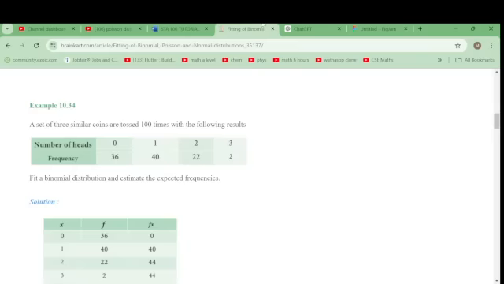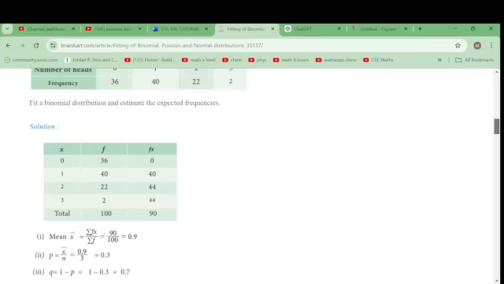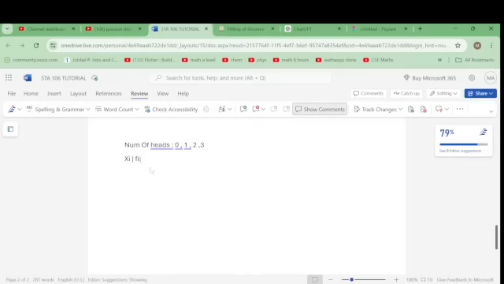Then you do fx also, that's f times x. For this number of x, you just use 0, 1, 2, 3.